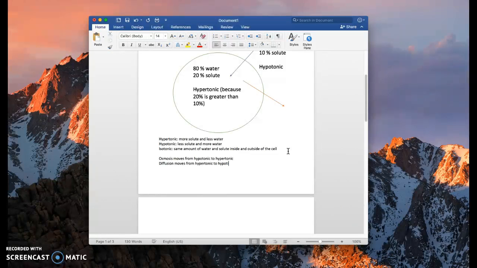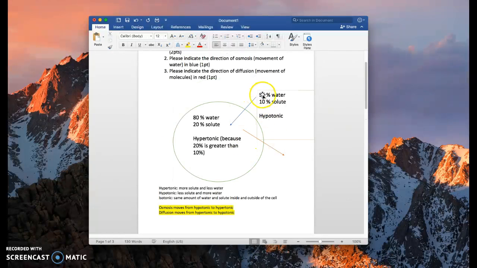If this is the easiest for you to remember, go ahead, do that. I personally have a hard time remembering this, so I just remember that I'm always moving from high concentration to low concentration for both of them.